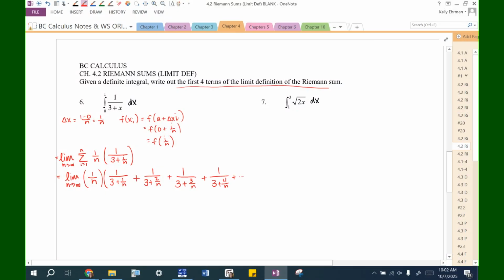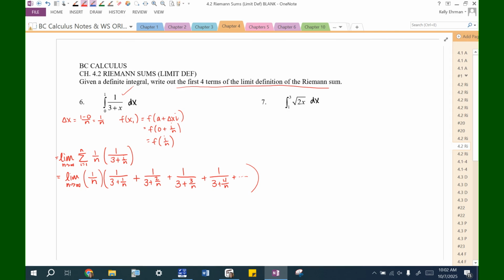This does continue on forever until you get out to n. I didn't show the nth term, but the nth term would be 1 over 3 plus n over n, right? So it'd be close to adding a 1/4 in the end. We're not actually taking this limit because, again, there are more rules to this, but sometimes they'll give you this, and then you have to go back and say, that goes with this integral.